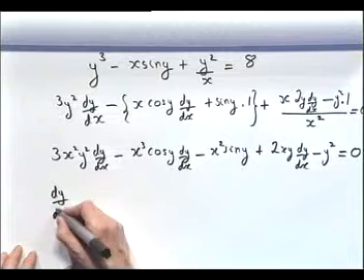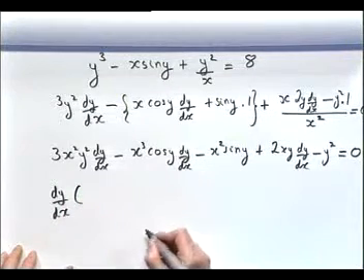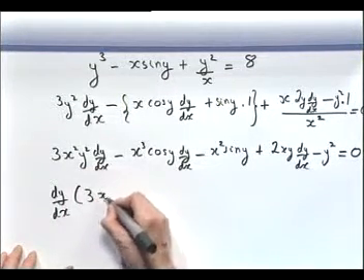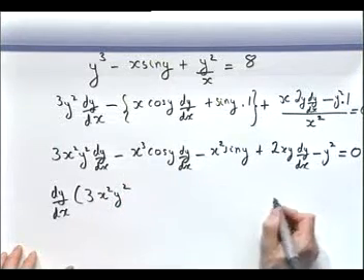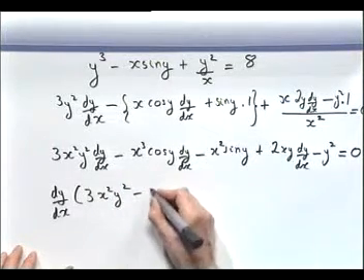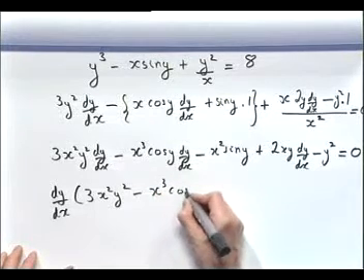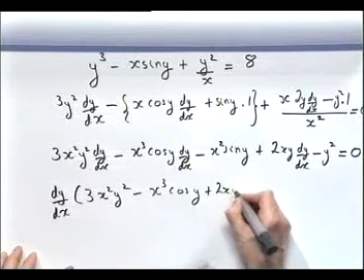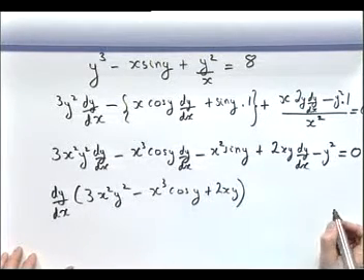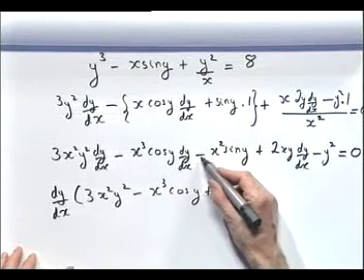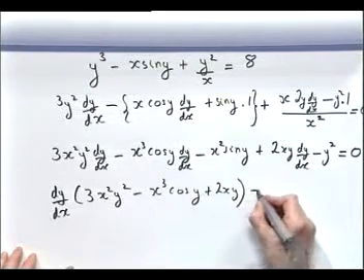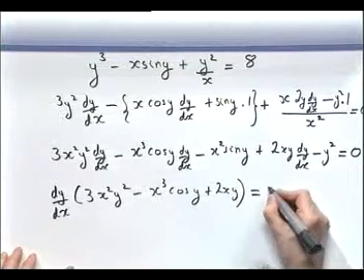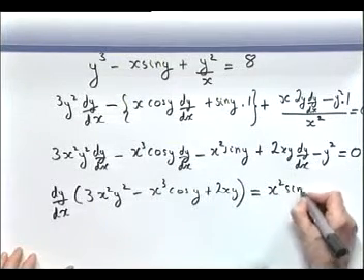Now let's get together all the terms in dy by dx. So we have dy by dx times this term, 3x squared y squared, this term, minus x cubed cos y, this term, plus 2xy. And here I've got minus x squared sine y. Well, I think I want to add that to the other side, so that's plus x squared sine y.